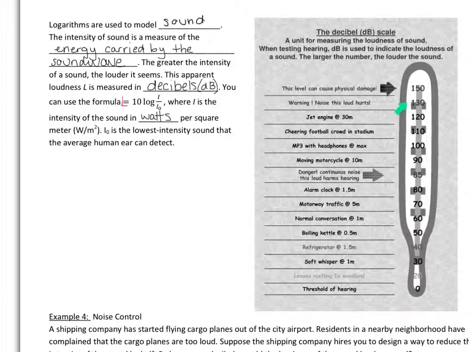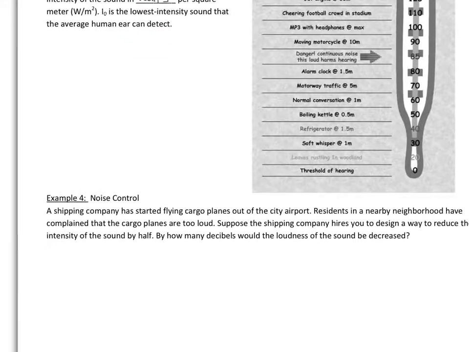You feel the pain, and then here's the physical damage to your ears. It's weird that the cheering football crowd is just a little bit above the MP3, but a little bit below the jet. Depends on what football crowd you're in. I think they mean a stadium. Okay. So we are going to use this to figure out this problem.